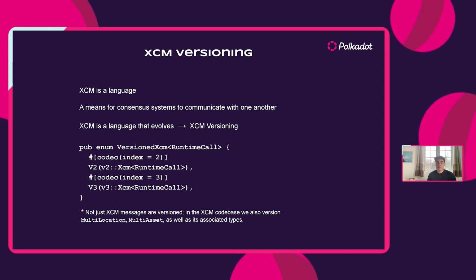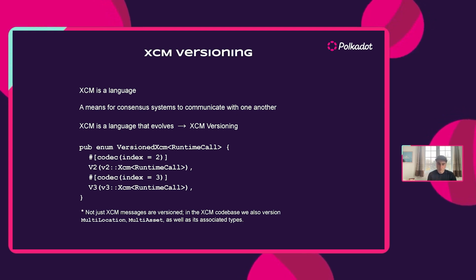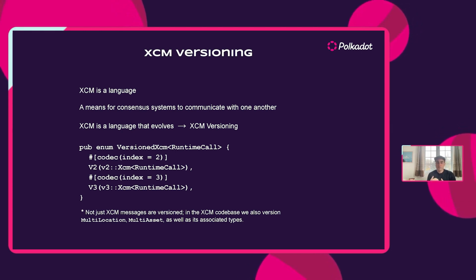We've already seen XCM v1, v2, and v3 is already out. It's going to change, it's going to improve, it's going to evolve. And with that, you have the ability for XCM to have a version.